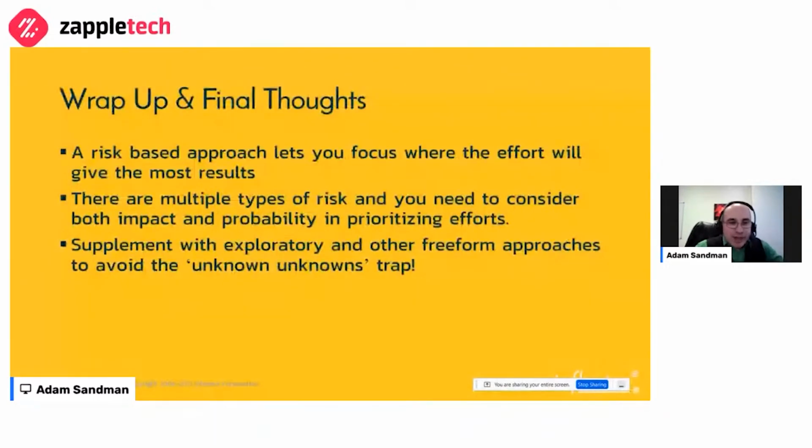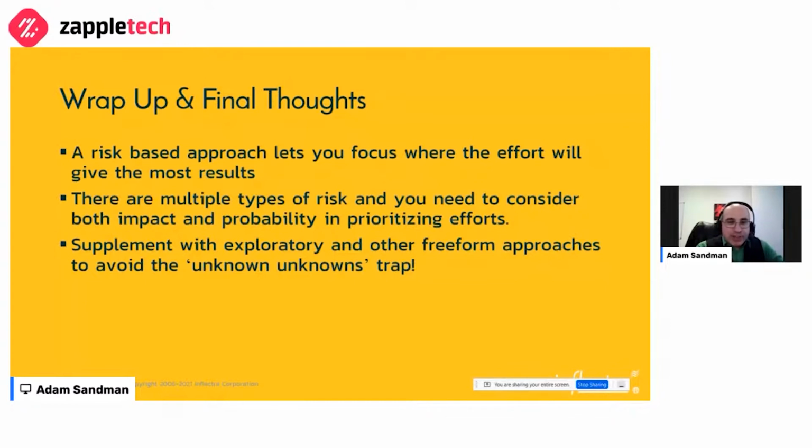Okay, so to wrap up, a risk-based approach to testing is really designed to take the data that you have, the requirements, the risks, the defects, the commits, other metrics, and there may be other ones that I haven't thought of. But think of all the ways that you can identify risk in your system, whether that's brainstorming the risks or particular data that lets you identify where something is going to have a very big impact or is more likely to have a problem.